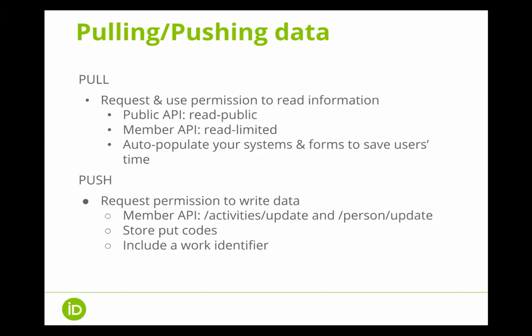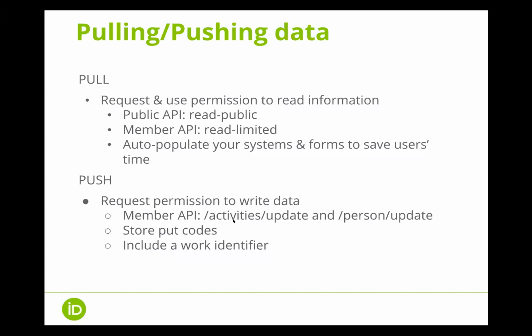And we also have some recommendations to write data from your repositories into ORCID. In addition to these permissions, and this can only be performed with a member API, you'll need to include these scopes, activities update, and this allows you to write works into the ORCID records of your researchers and other data.